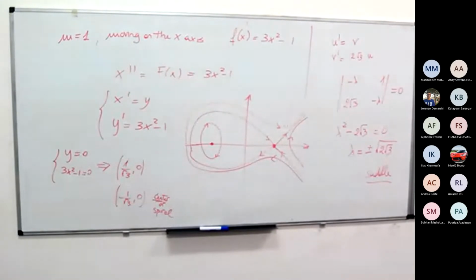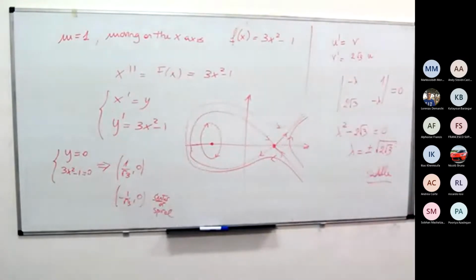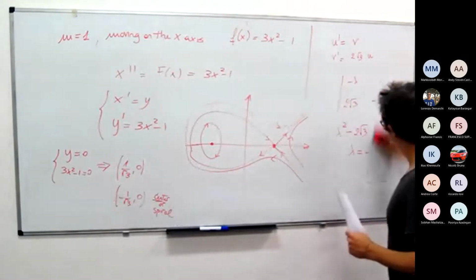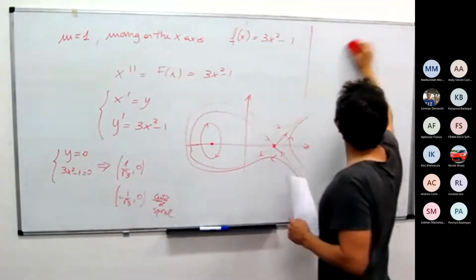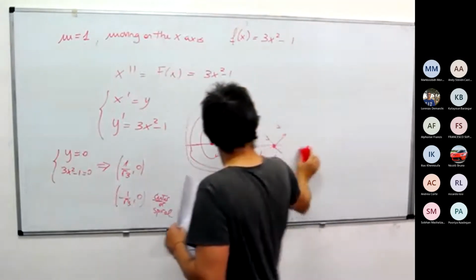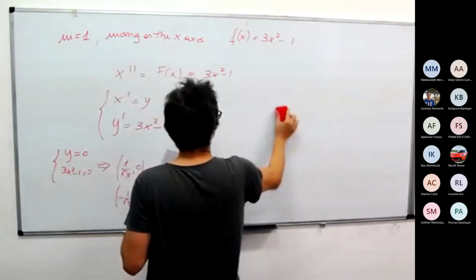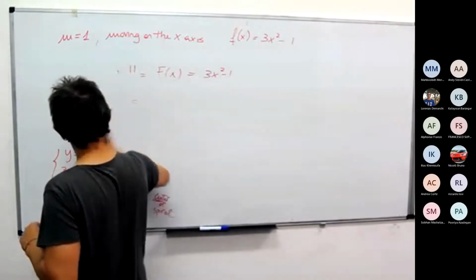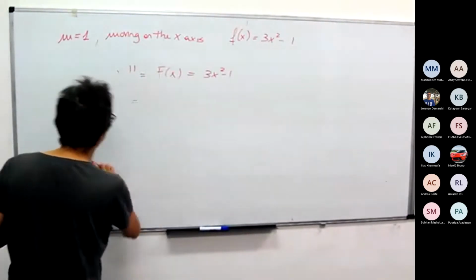Okay, then let me move on with another example. This is a nice example, which is the Lotka-Volterra model.